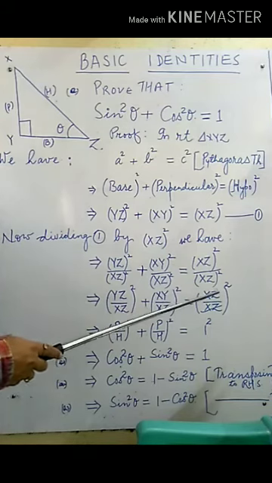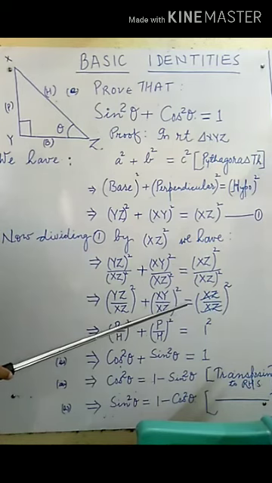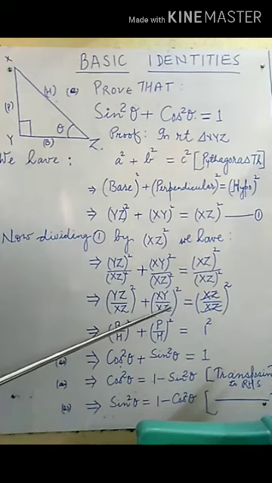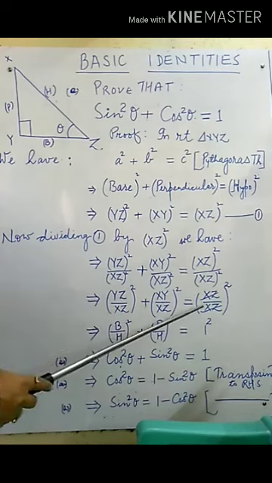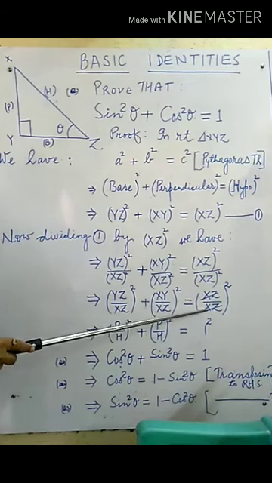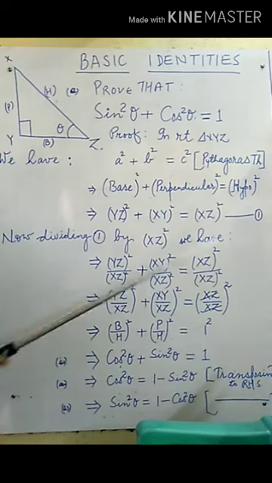We have applied the law of exponents: if powers are common, they are noted down as a single power with a single bracket. Now this will be simplified. XZ upon XZ, numerator and denominator are equal, so it becomes 1 because XZ cancels XZ. Now this equals 1. Now what happened?